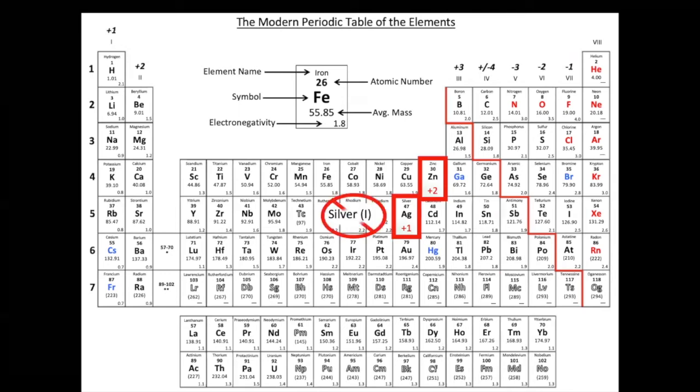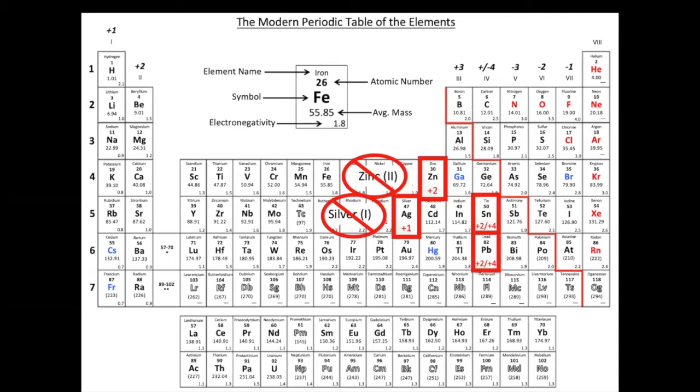This means it would be incorrect to use Roman numerals when using either of these two elements when writing out compound names. Conversely, we have two elements outside of the transition metals block that do require the use of Roman numerals because they exist with multiple charges. Tin and lead both take either a +2 charge or a +4 charge, despite being in a column that is labeled +/-4.